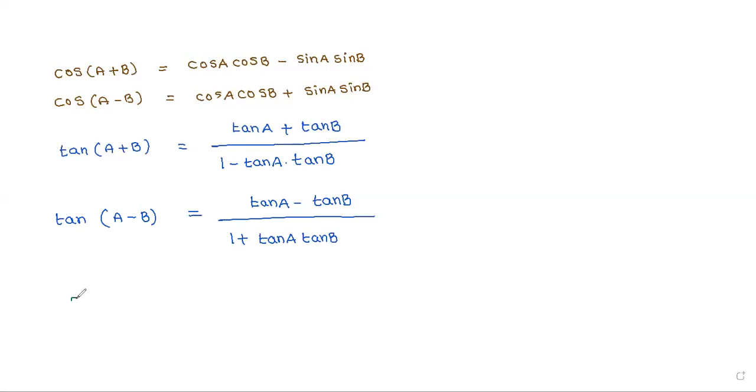Next. Cot of a plus b. So simply observe, cot b cot a minus 1 by cot b plus cot a.